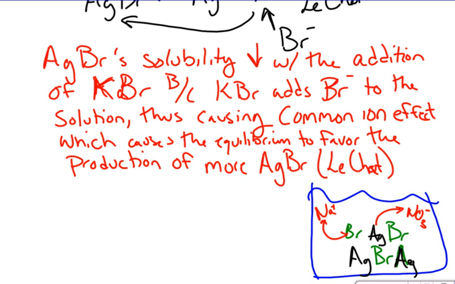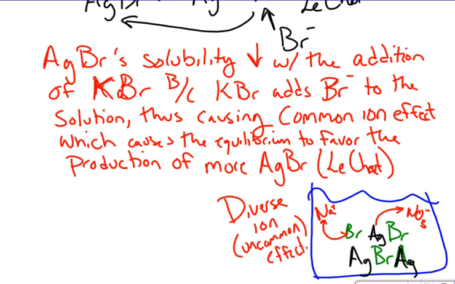And what actually happens here is something called the diverse ion, or uncommon ion effect. So we have to explain that to our grader.